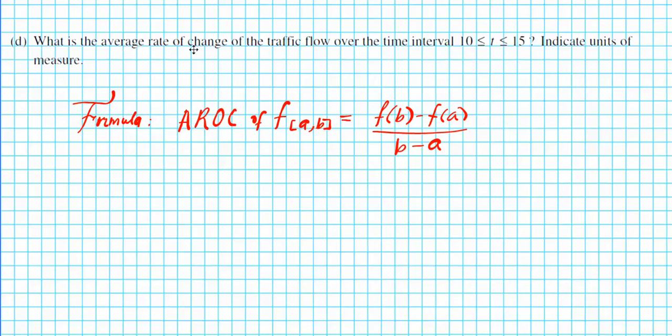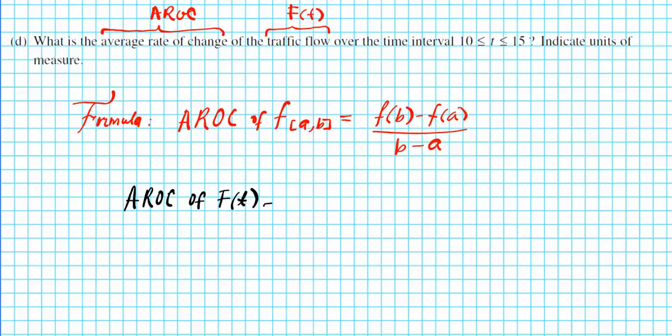So we're looking for the AROC, average rate of change, of what? AROC of the traffic flow. So the traffic flow is f of t. You always want to make sure you identify the correct function so you don't mess up the setup. So we're looking for the AROC of f of t over the interval 10 to 15.